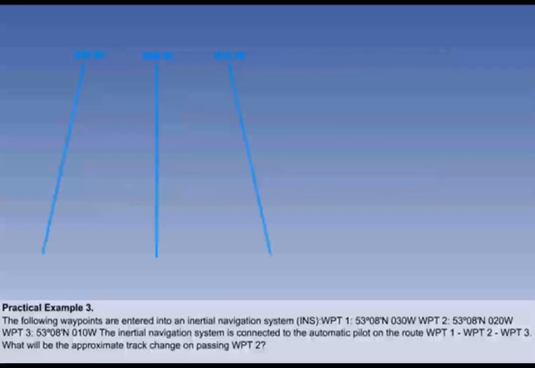Firstly, let's envisage the situation. We have 3 meridians at 10-degree intervals. The 3 waypoints are all at latitude 5308 north, which, as a parallel of latitude, forms a rhumb line. However, you should remember from your instrument studies that INS steers the aircraft on a great circle track.